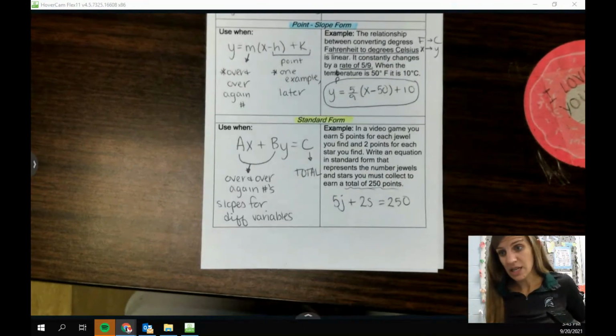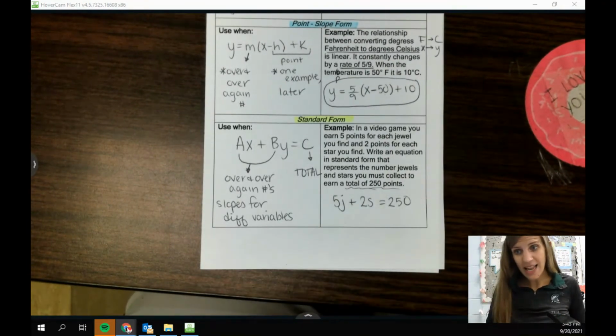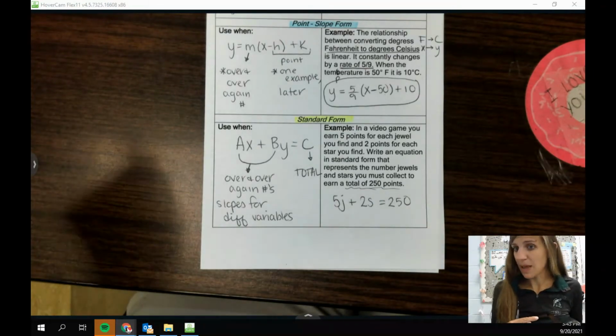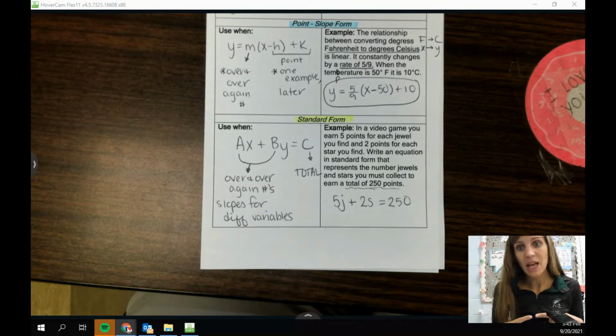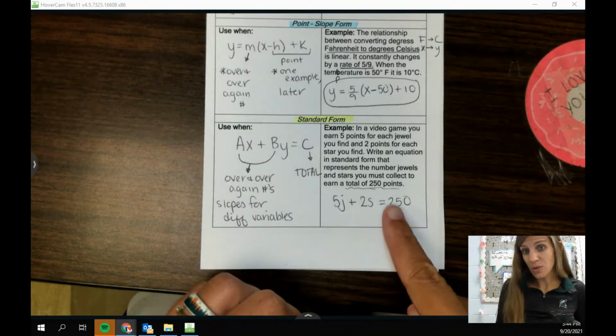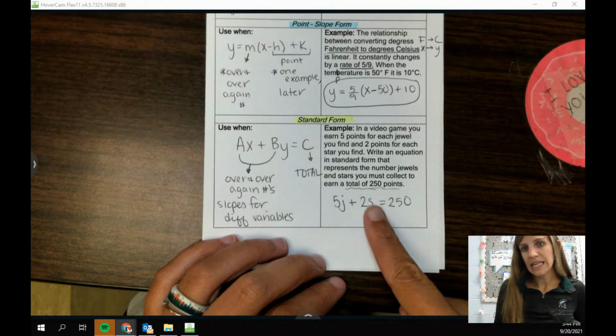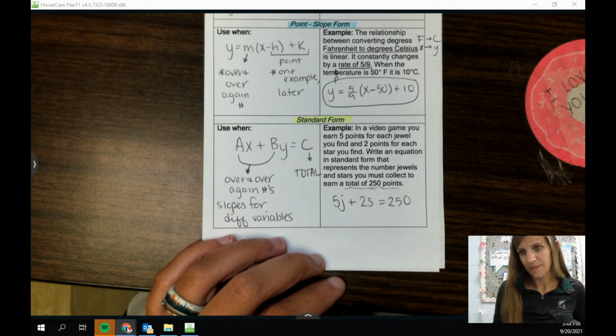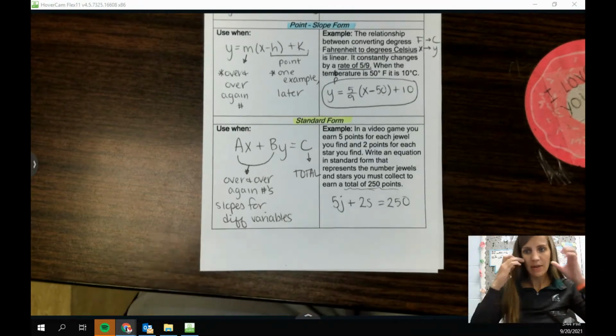And I like to use really specific variables like that because it will help me to remember later if I need to plug something in. Like if later on they tell me, okay, you earned 10 stars, how many jewels do you need? You could plug in 10 here and figure out how many jewels that you need. So that's why I like to use really specific variables.